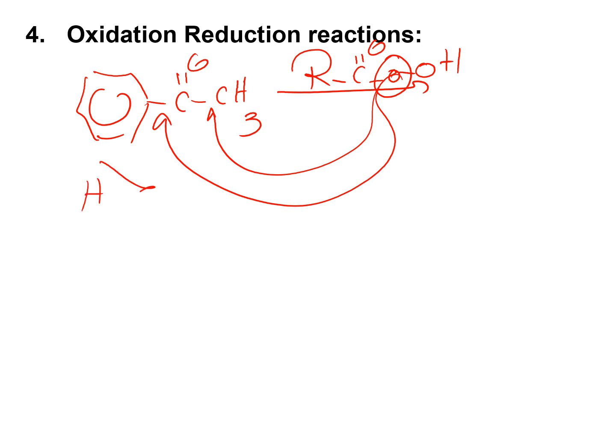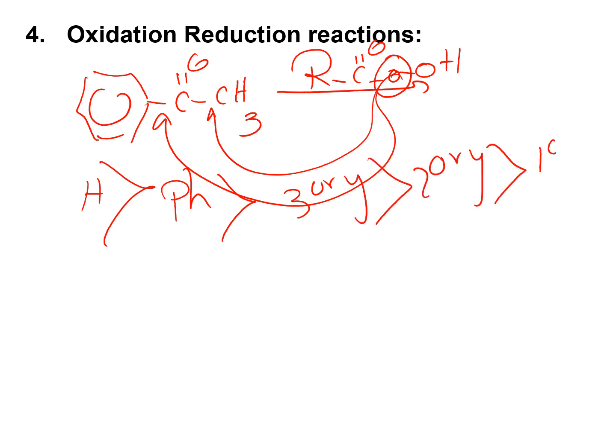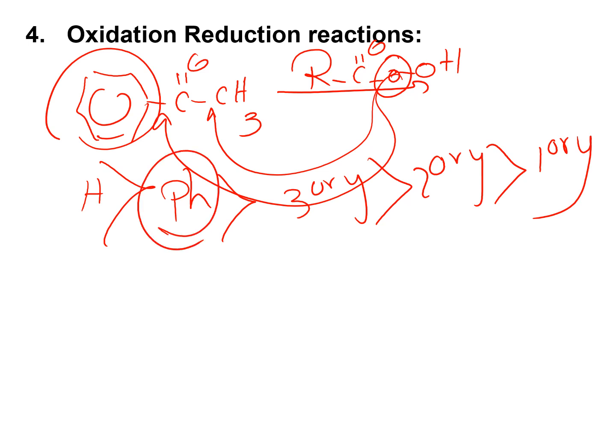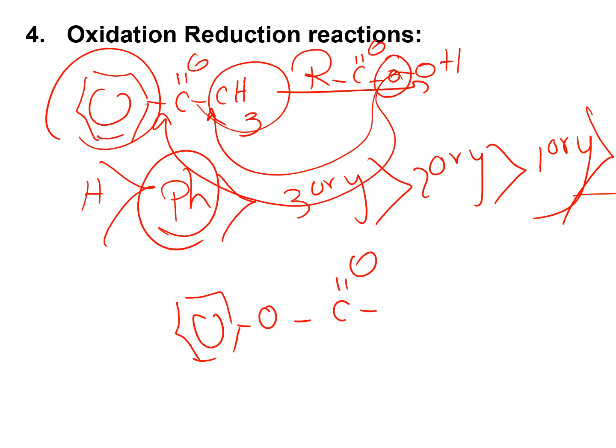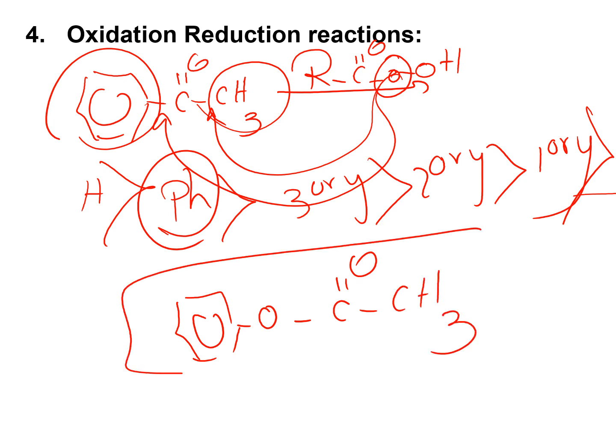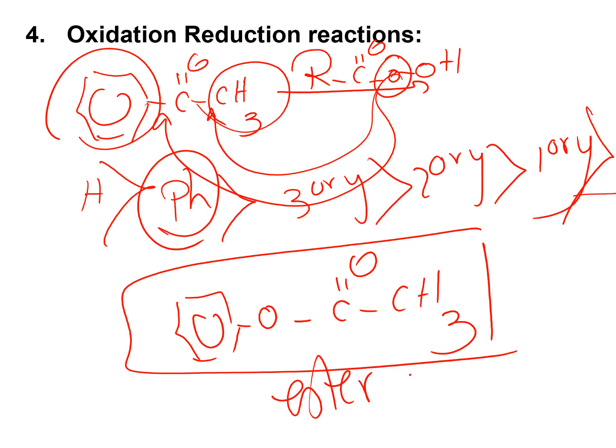As we said, the proton is better than the phenyl, better than the tertiary, better than the secondary, better than the primary. So we have here the phenyl, it comes immediately after the proton, and on the other side it's the methyl that comes after the primary. So the oxygen will go in between the carbonyl and the benzene ring, giving an ester. The final product of Baeyer-Villiger is an ester.